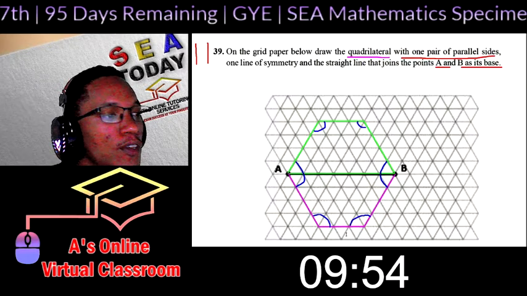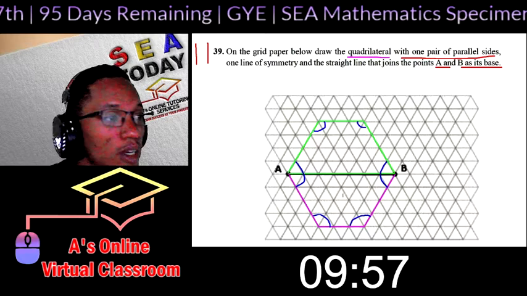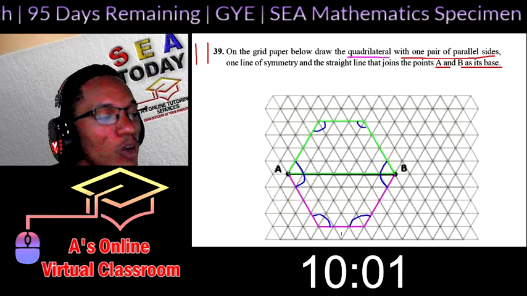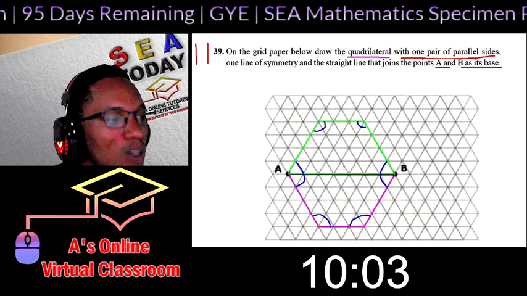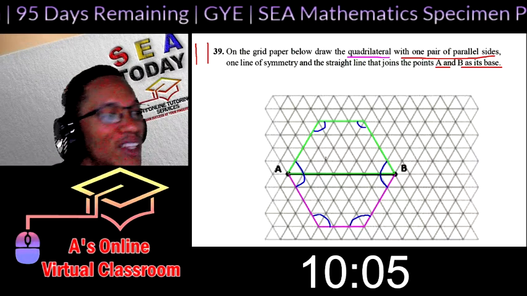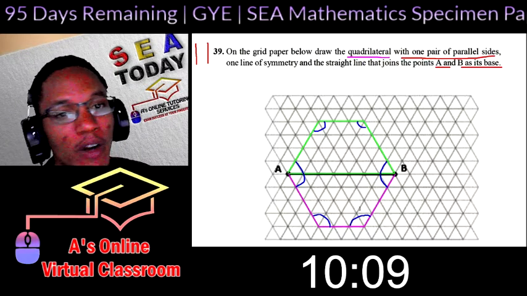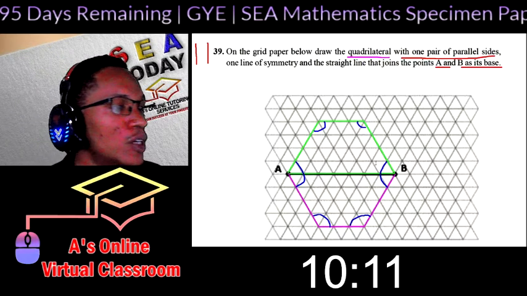And they are equal in length. So we have 1 pair of parallel equal sides, and the other sides are equal in length but they're not parallel. Right?